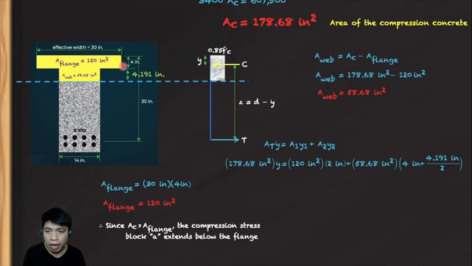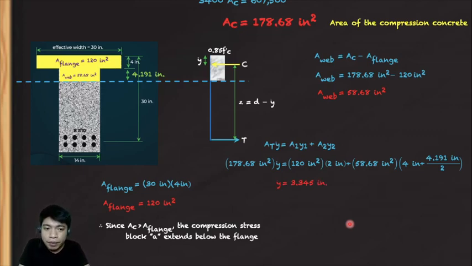Plus, 58.68 is the area of the web, multiplied by the location of the centroid of the web area from the extreme compression fiber, or that is 4 plus half of 4.191. Okay? So, I hope you understand that, guys. Now we can compute for bar sub y, and that is 3.345 inches.